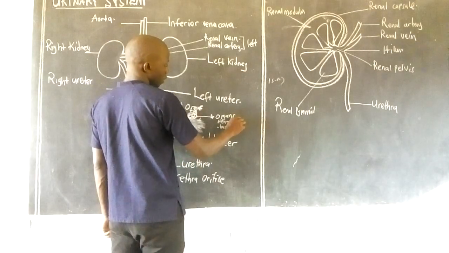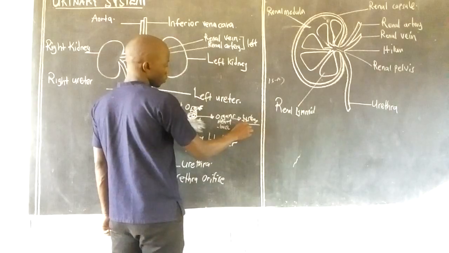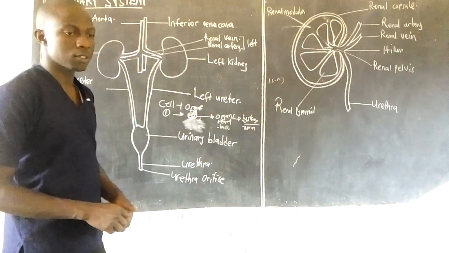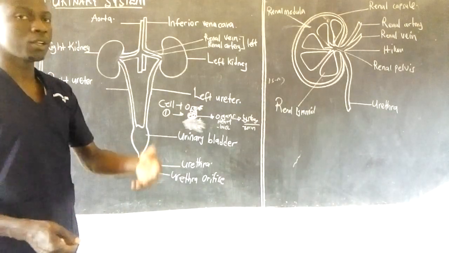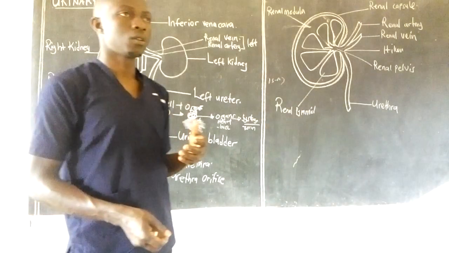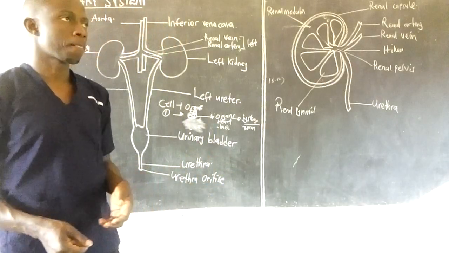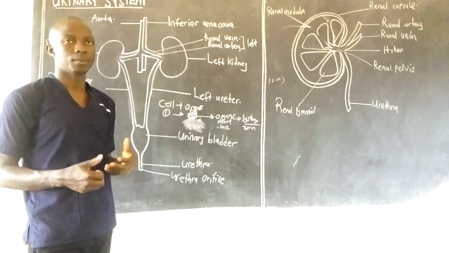And once organs come together, they form what we call systems, which could be now the urinary system. So basically, we are combining cells, tissues, and organs that come together to form a system.